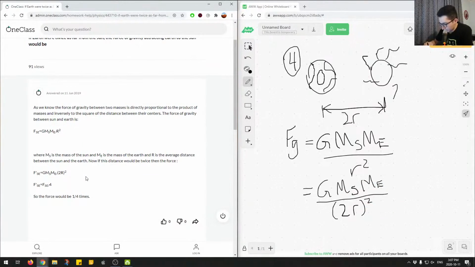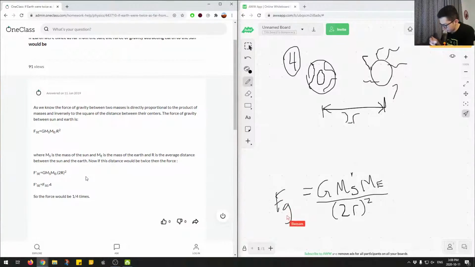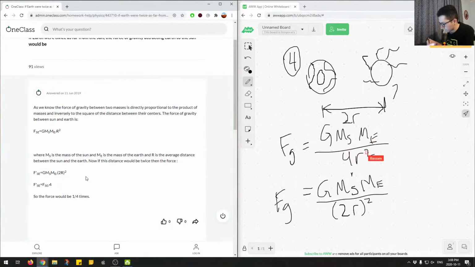So knowing this, let's erase a little bit of the board here to make some space. So we have Fg, and then this would get us Fg is equal to G Ms Me over 4r squared.